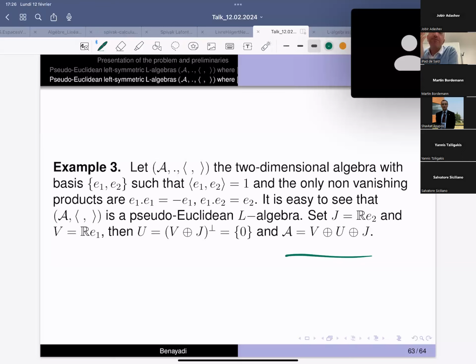We discovered, in fact, I think the information for this type of problem came from the referee on this paper of classification of Lorentzian nilpotent algebras.